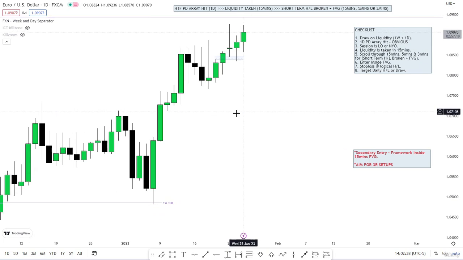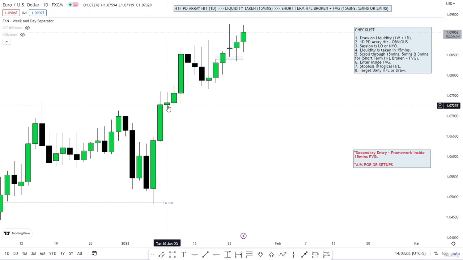We also determine in the day we are in where the market is likely to go. In this day, once you saw that it hit the weekly order block and expanded, you're seeing that this is a drawn liquidity. So this day, Monday 9th January 2023, it was likely to just expand and take out those buy side.